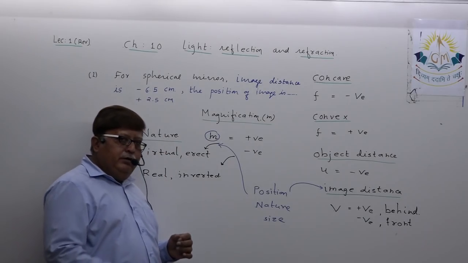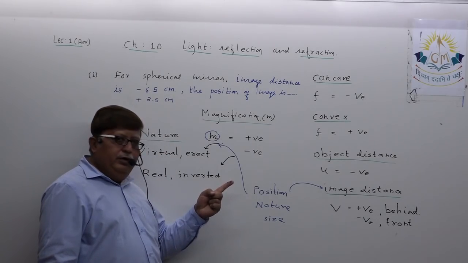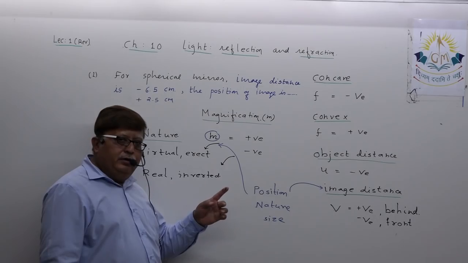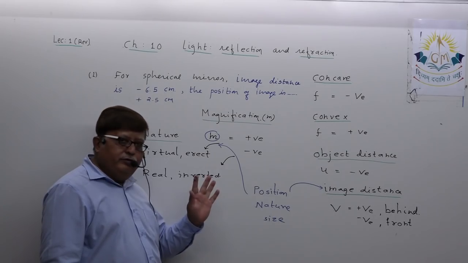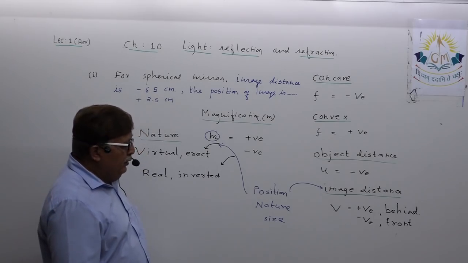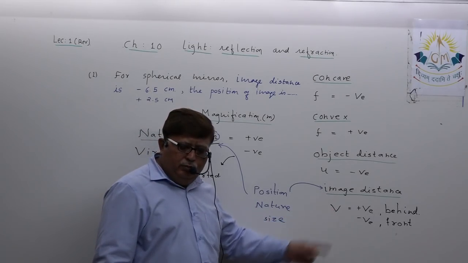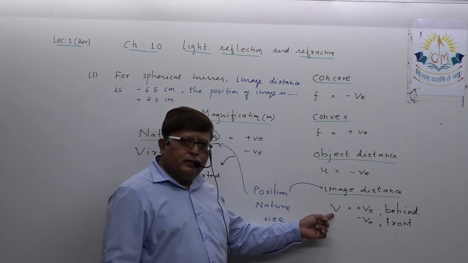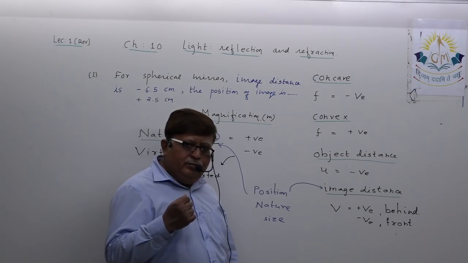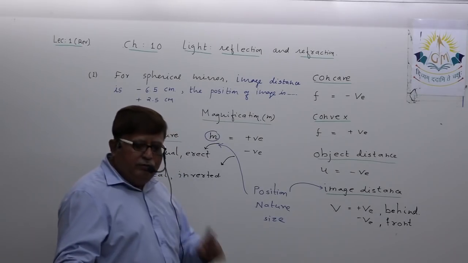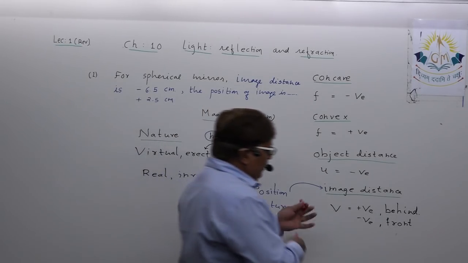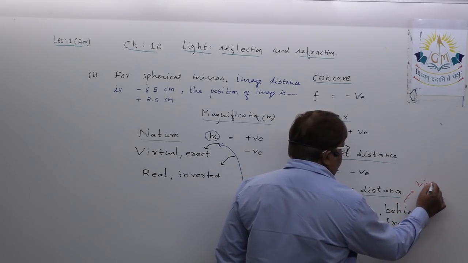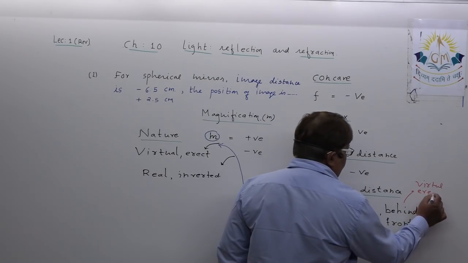Next, nature. Value of V always gives you an idea regarding image position. And my dear student, here I can also share one clue point with you. V positive, that means image is behind the mirror, and whenever, mark this point, you get image behind the mirror, it is always virtual, and virtual obviously erect.